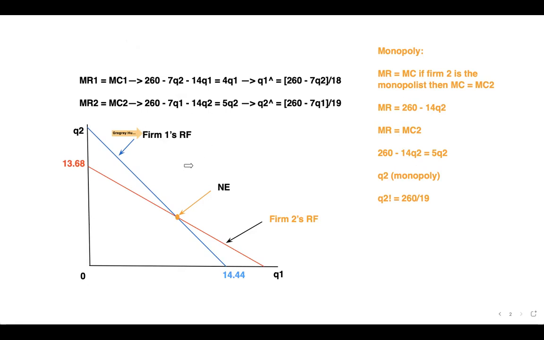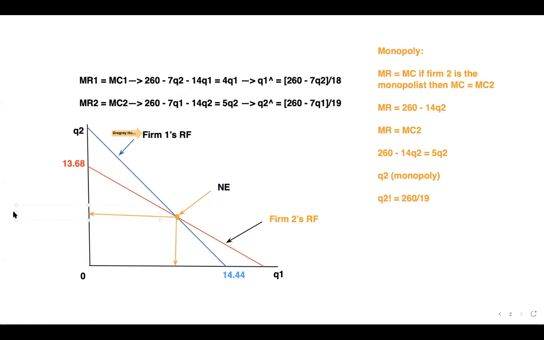But I also want to point out one other thing. When we have two axes like this, Q1, Q2, we would call that Q1, Q2 space, as opposed to price-quantity space. Notice that each firm would have a Nash equilibrium level of output that we will eventually put down on our graph.